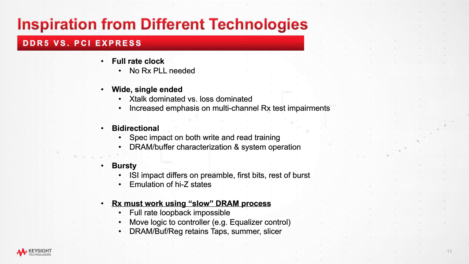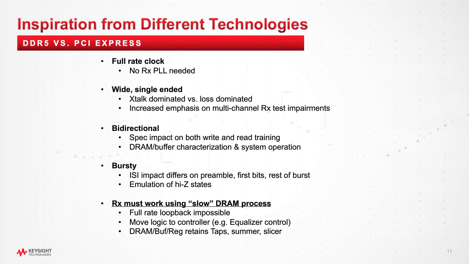Now, one of the few things that really is working in memory's favor here is that there is always a full rate clock that is provided to the memory or the receiver. So there's really no PLL that's needed in the DRAM, and that's good because those are very power hungry. But a significant difference between the two environments is that PCI-Express is really loss dominated.